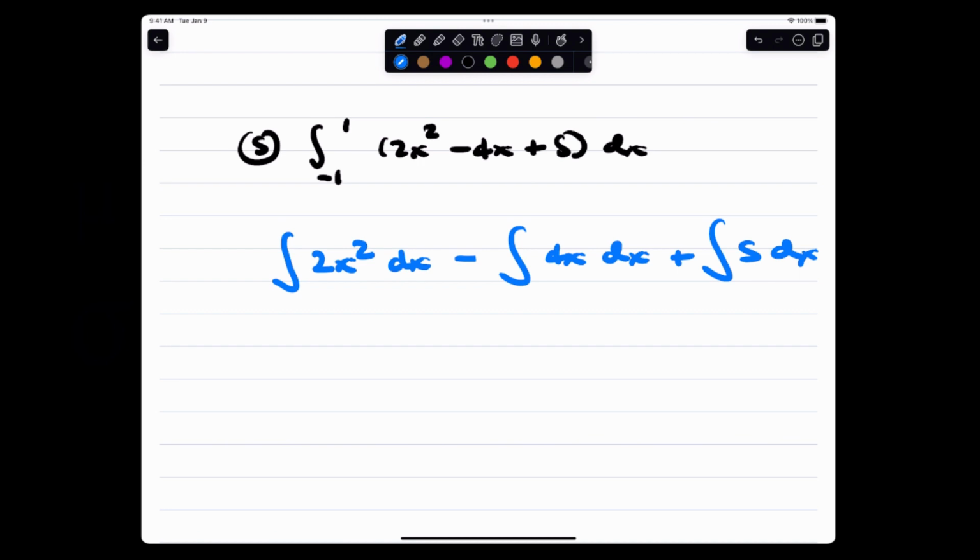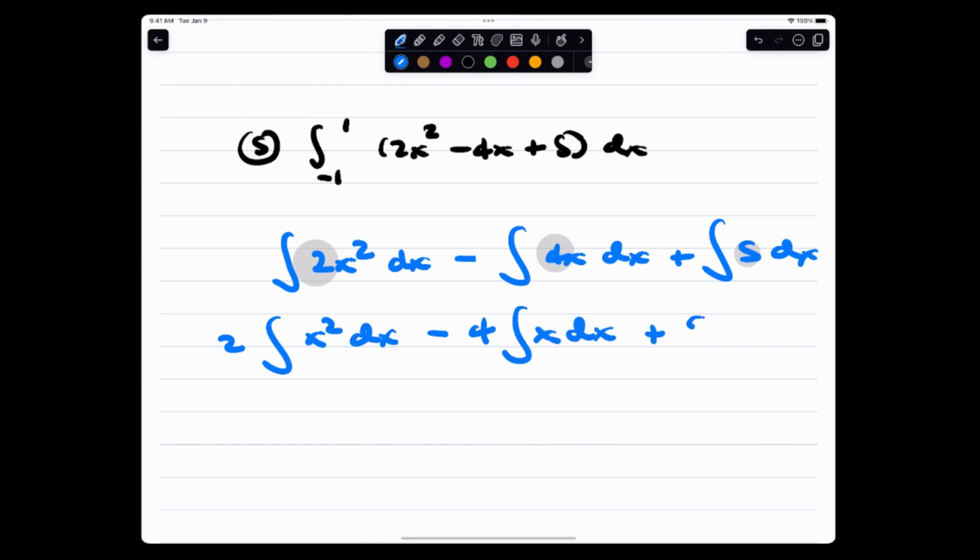Okay. And now maybe I just want to take out the what? All the constants now. So it's 2 integral x squared dx minus 4 integral x dx plus 5 integral dx.